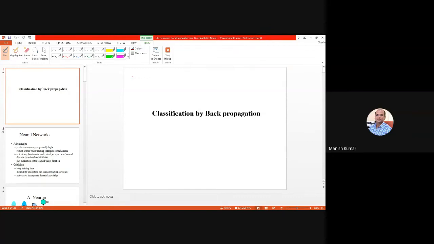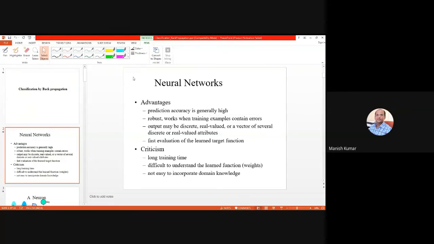As you know, this is a class of artificial neural network algorithm. Then the question comes, what is a neural network? Let us see what the advantages of the neural network are and what the limitations of the neural network are.